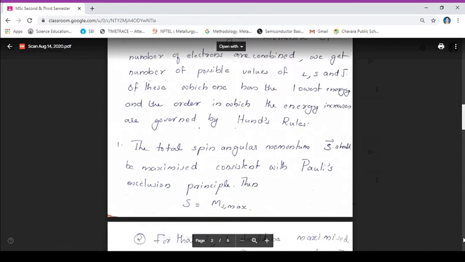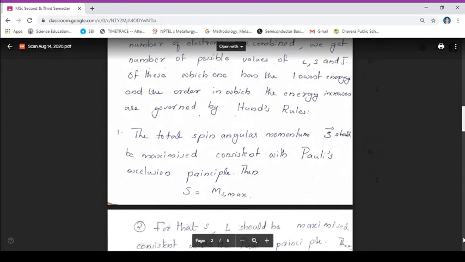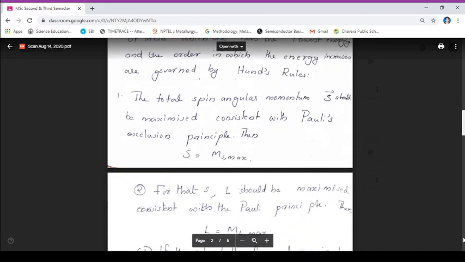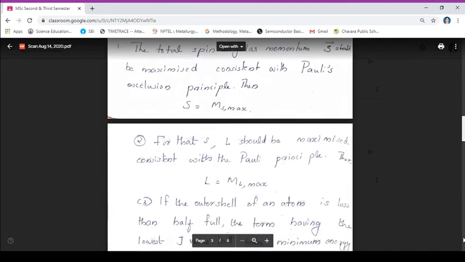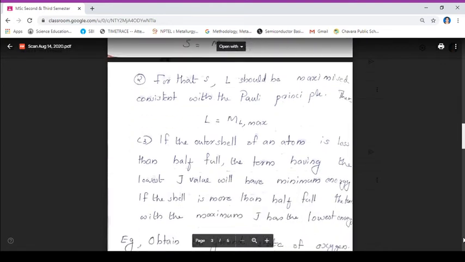So first you have to find the value of S such that ms gives its maximum value. Now for that S, L should be maximized, consistent with Pauli's exclusion principle. Then L equals ml maximum.